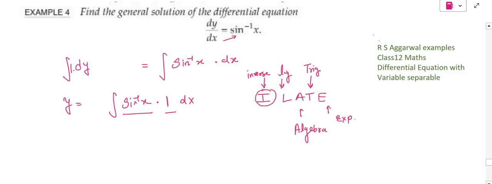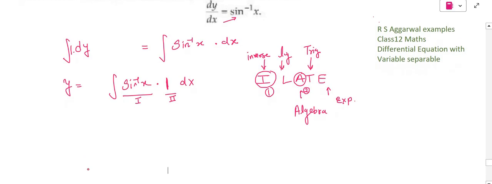Here we have inverse and 1 is an algebraic function. So order will be what? 1 and 2. ठीक है, तो इसको we can take first function and this we can take second function. ठीक है, यहाँ तक okay है. तो what was the integration of u into v?